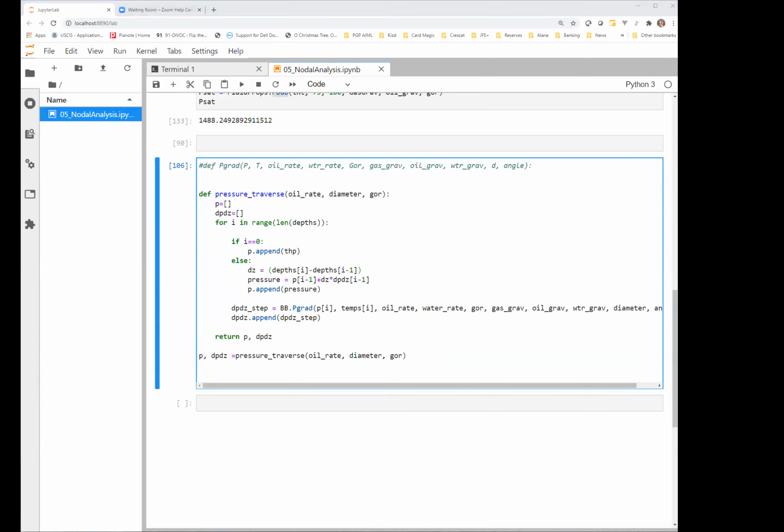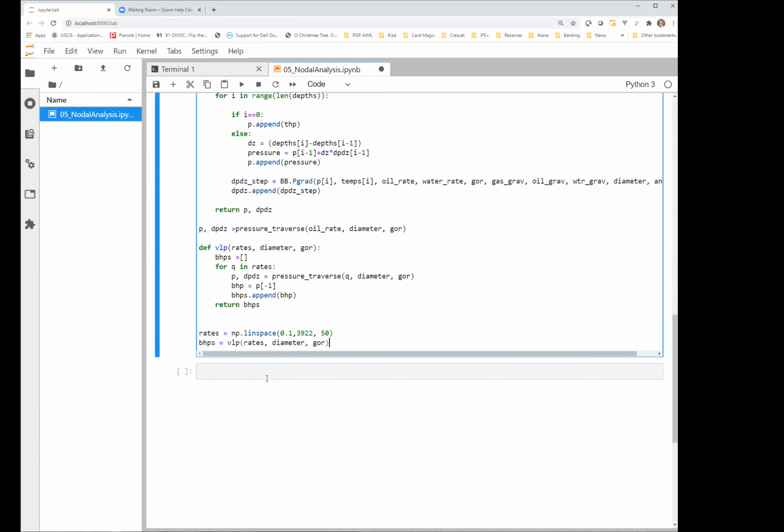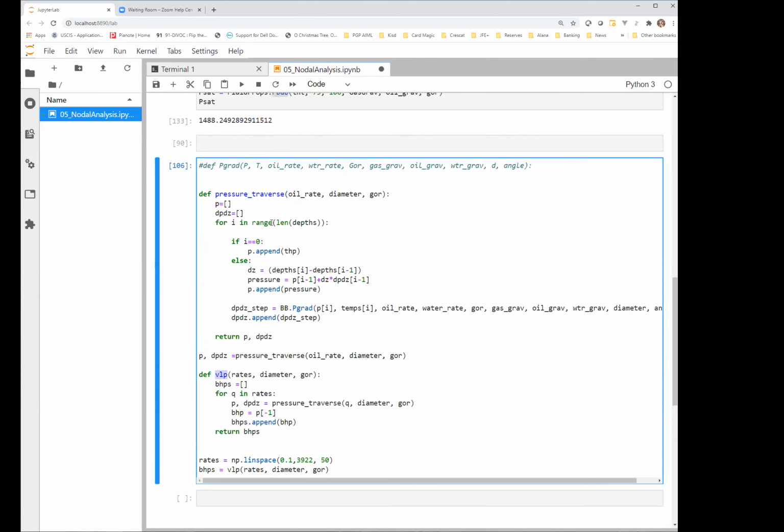Something that is not here, but let me put it, is the other function to calculate the VLP, which is using the previous function of pressure traverse.